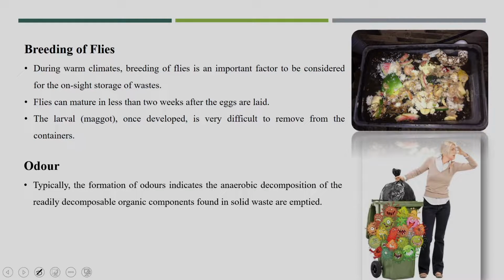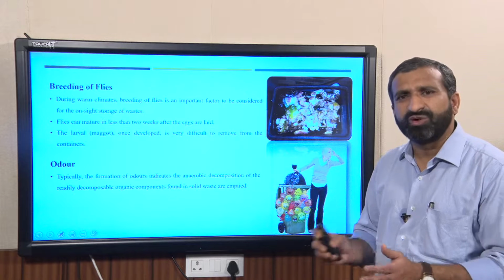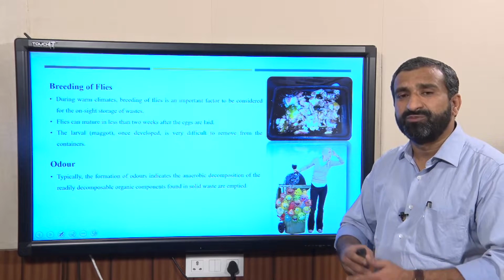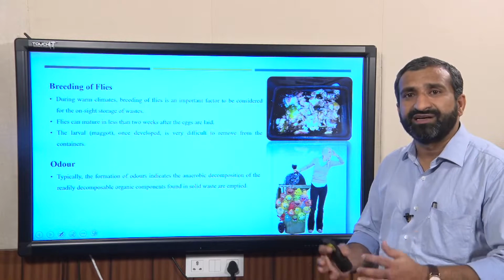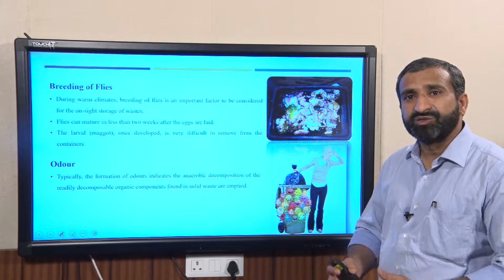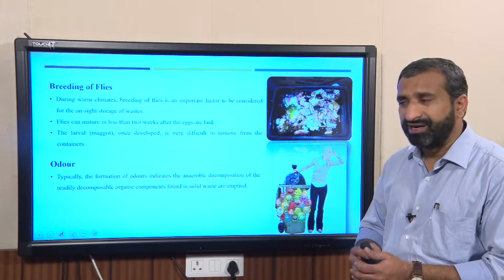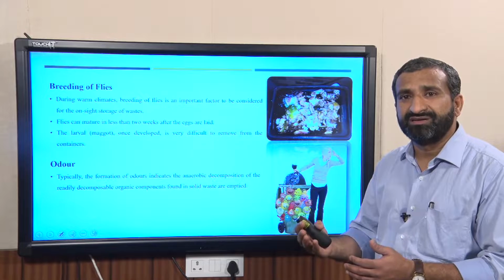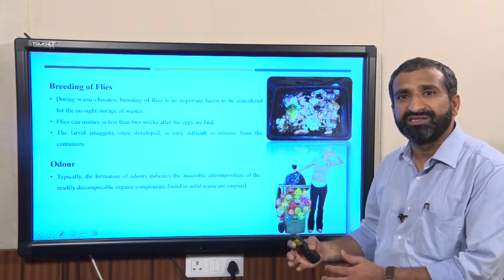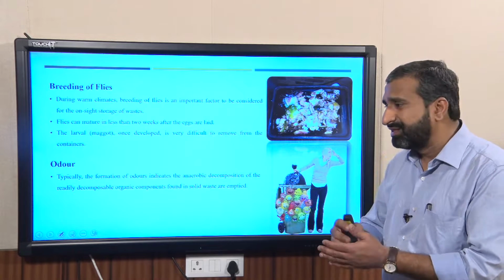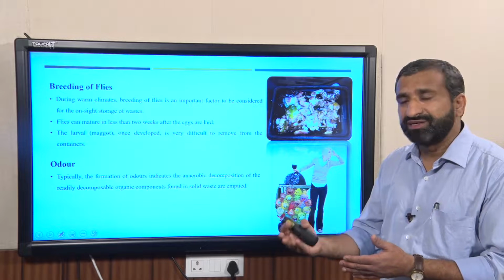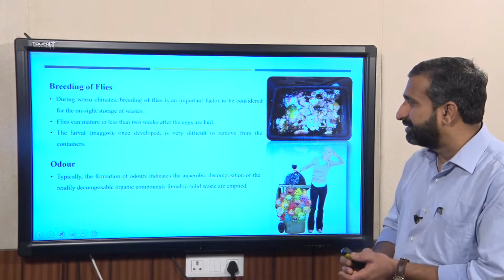And odor also is very important. This odor normally comes from two major gases, methane and ammonia. Normally methane is produced at very low concentration, but for ammonia, because the waste contains a lot of biodegradable matter, the nitrogen content is very high, and this organic nitrogen is converted into ammonia during the degradation process or anaerobic condition, and that creates the odor issue.